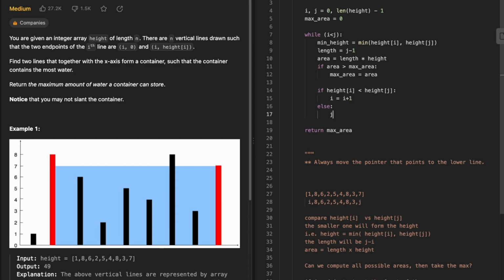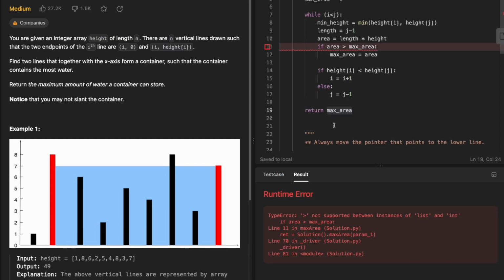Else, so this is lower. The only way for me to increment this, if you start off like that, is if I have a higher height. So I move in, right? And then we are checking it out again, and we see that this is lower. We'll move this in, move this in, move this in until we get the max area.